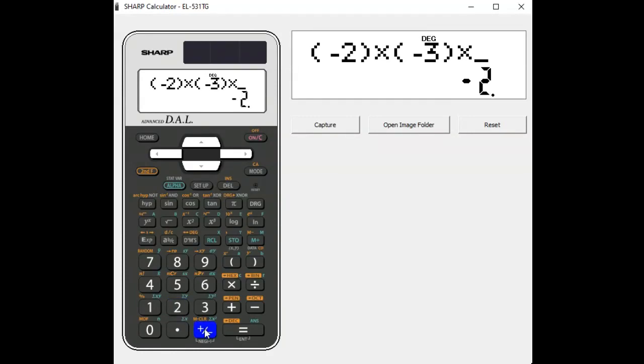So again, we're using this button as a negative, not subtracting. That gives me an overall negative 12. So same answer, right? So this is the button you want to use, not the subtraction button. Subtraction is for subtraction, and that is to input a negative instead.